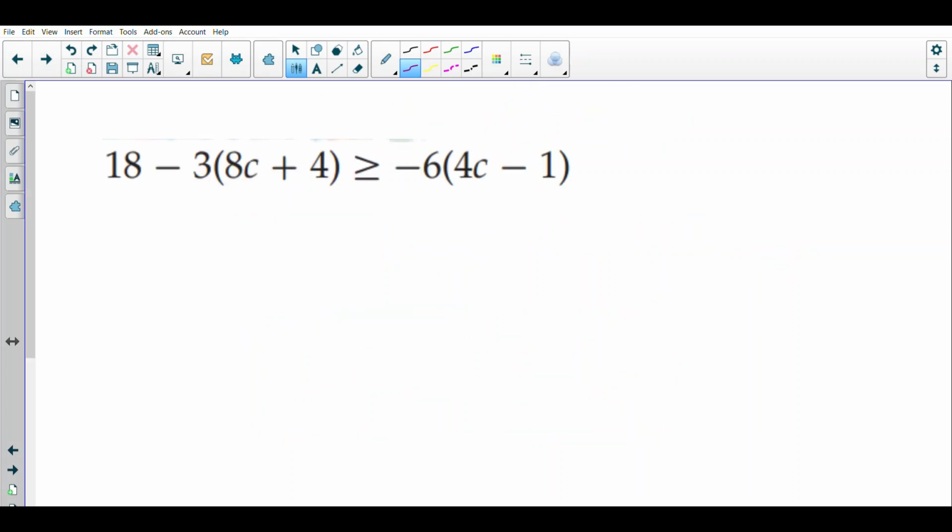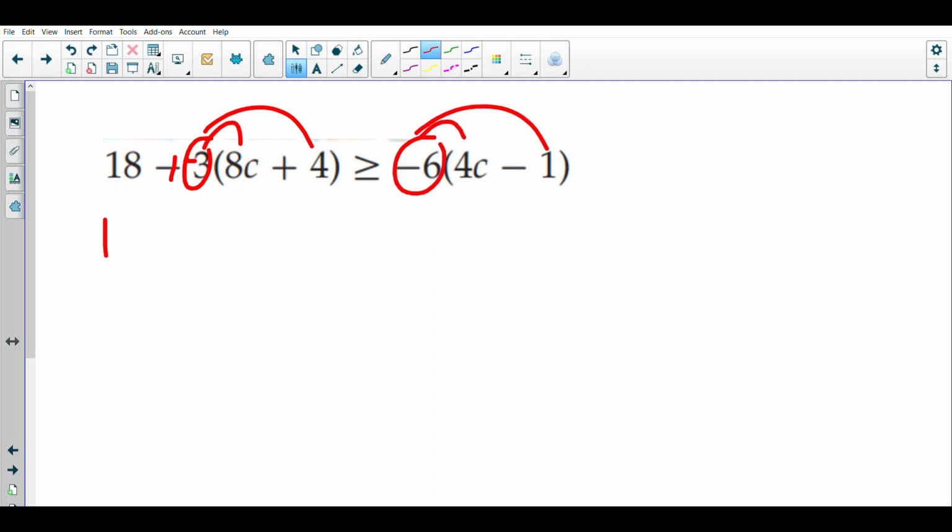Now let's look at 18 minus 3 times the quantity 8c plus 4 is greater than or equal to negative 6 times the quantity 4c minus 1. Again, we've got to add the opposite and distribute, and then distribute the negative 6.